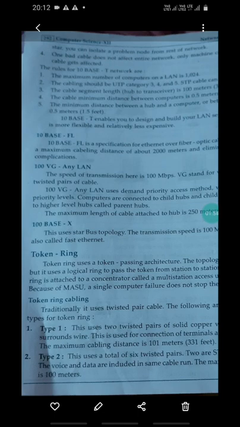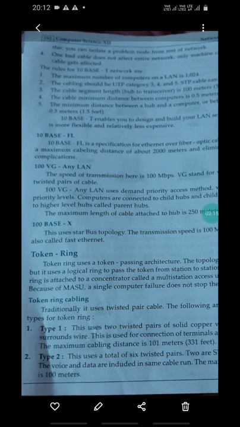The next topic is token ring. Token is the concept used in ring topology. Token ring uses a token passing architecture. The topology is physically a star, but it uses a logical ring to pass the token from station to station.